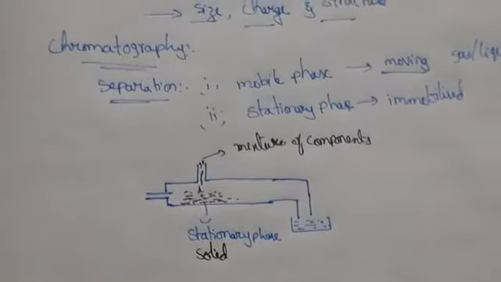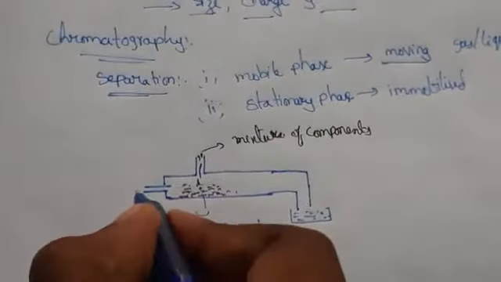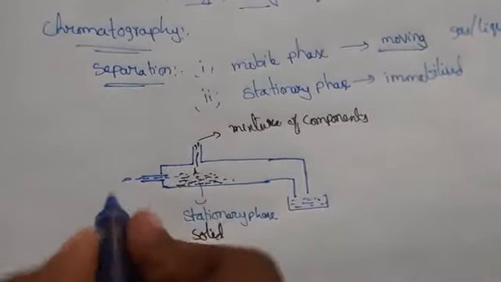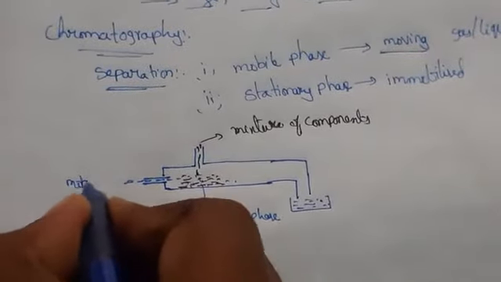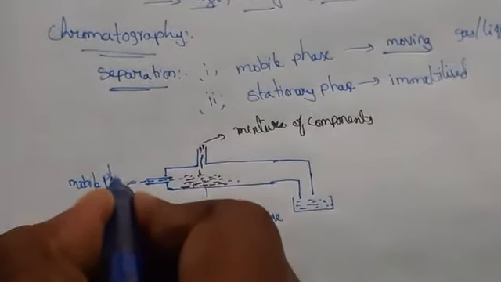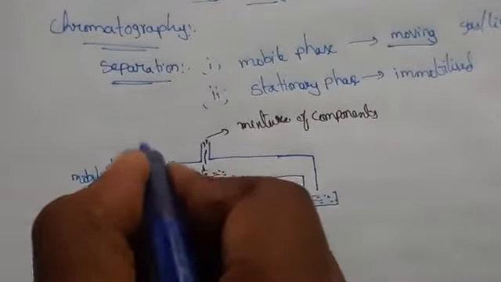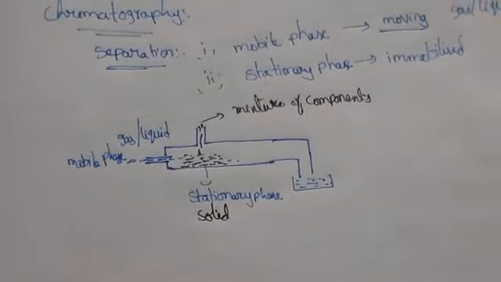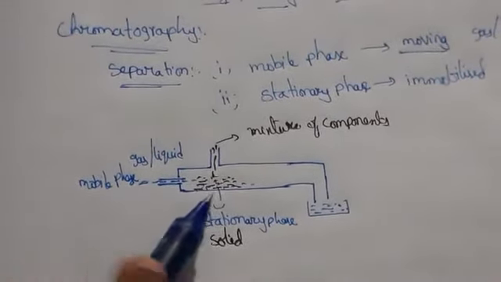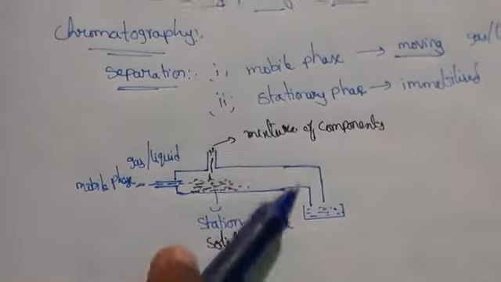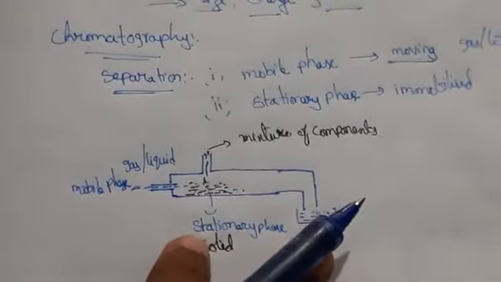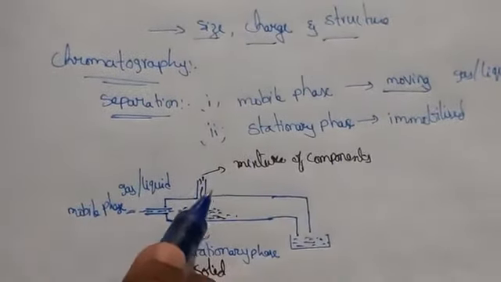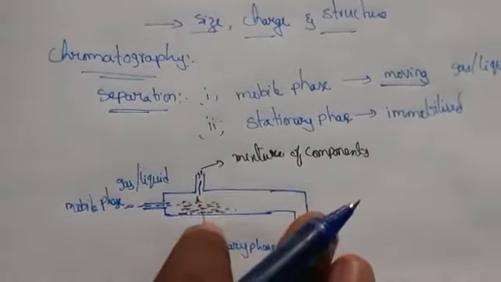Now I am taking the mobile phase, whether it is gas or liquid. Now what happens? The mobile phase travels through the stationary phase in which the mixture of components is already present. The main theme here is to separate the individual components, the individual chemicals.